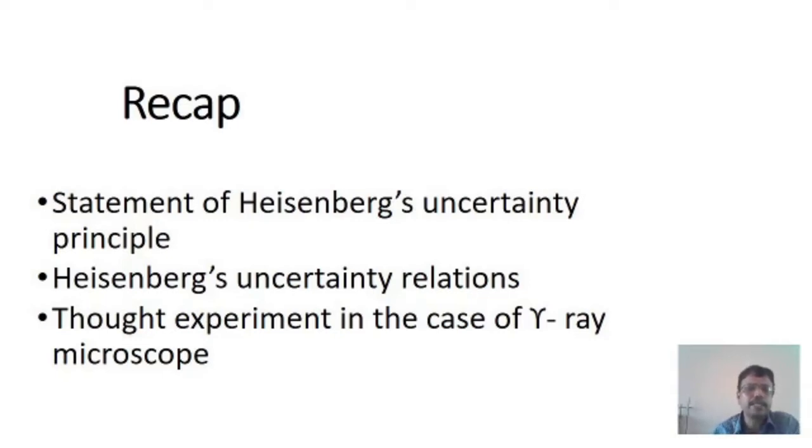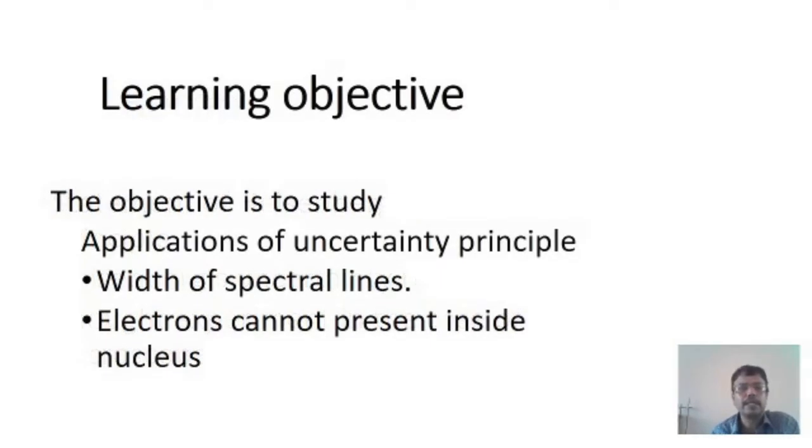Then delta x dot delta px is nearly equal to h, which is nothing but the Heisenberg uncertainty principle.